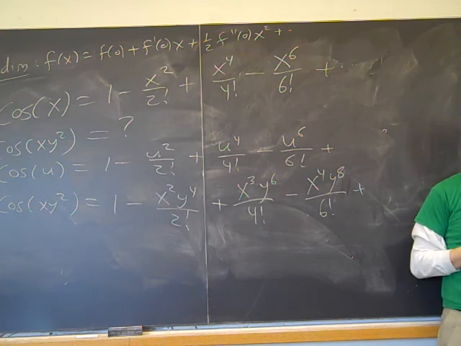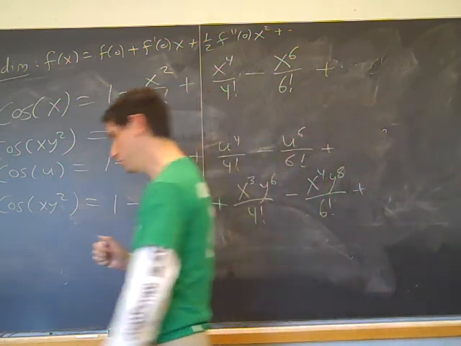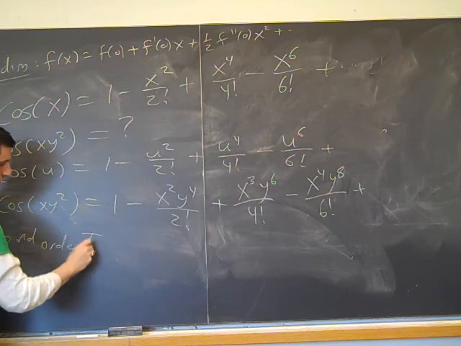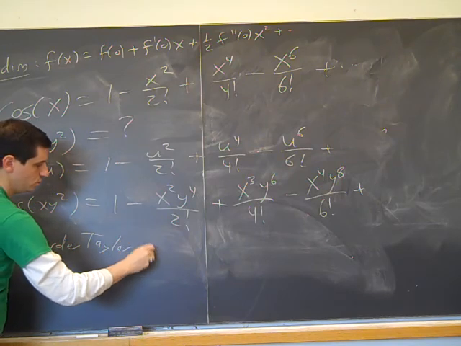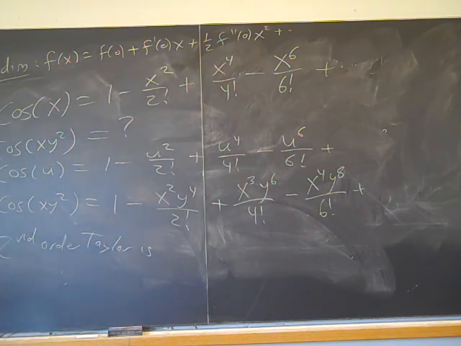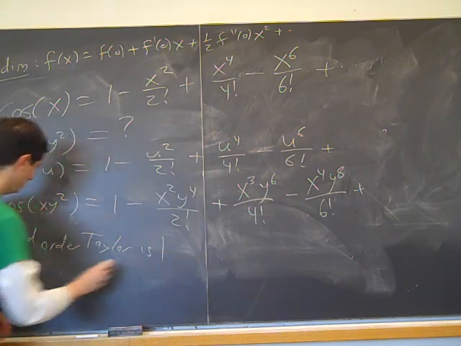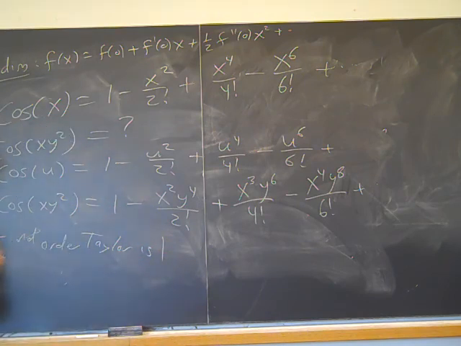If I want the second order Taylor series, what's the second order Taylor series? I take all terms where the sum of the x and y powers is at most 2. What would the second order Taylor series be? 1. Alright. Third order. 1.